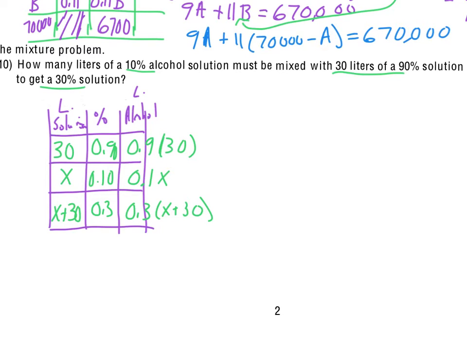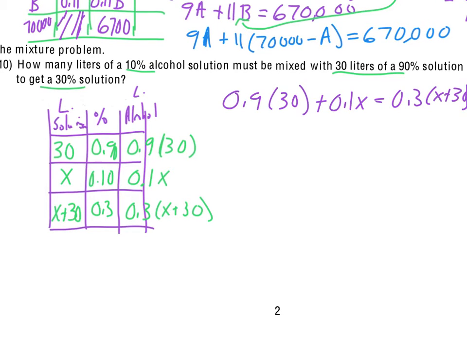Again, notice we actually use this cell here, and then we can write this originally pretty easily without two variables for this one. So really just that right-hand column is our equation. So 0.9 times 30 plus 0.1 times x equals 0.3 times (x plus 30).